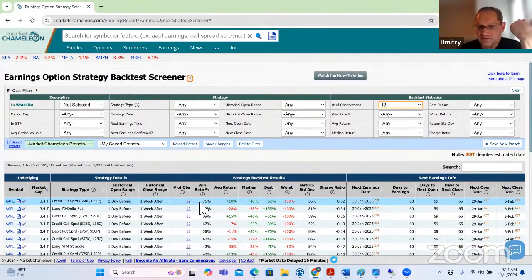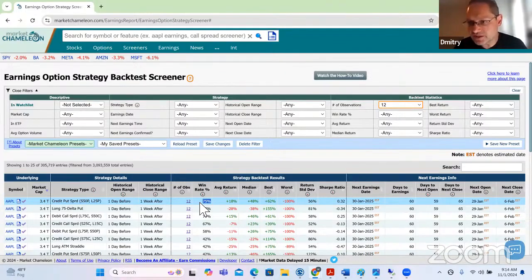The next column is telling us the win rate. Basically, how often in those 12 observations did this strategy, if held from one day before to 1 week after, how often from the start date to the end date did it result in a profit?